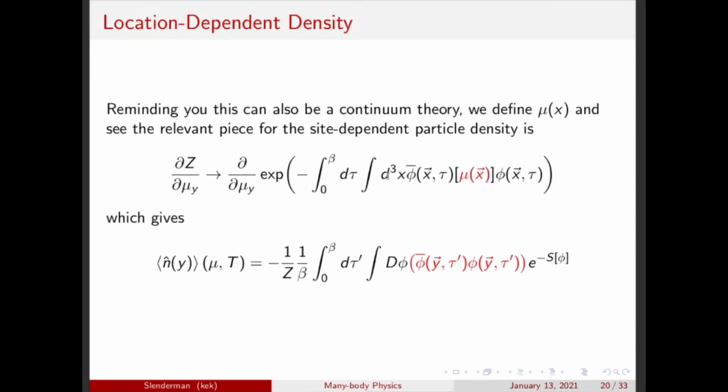Very similar to before, though. Performing this derivative extracts out this phi and this phi. But since the derivative is being taken with respect to mu at a specific location y, we no longer get this sum or integral over spatial variables y.